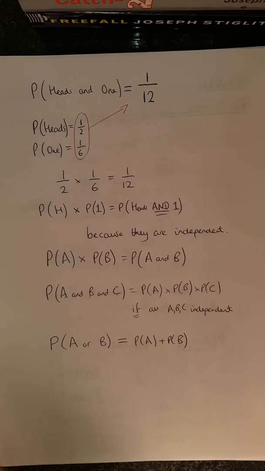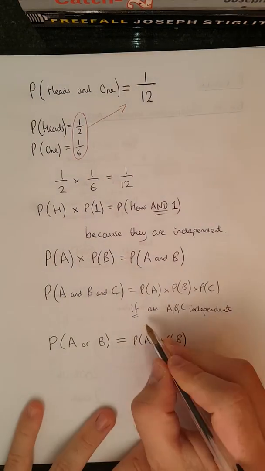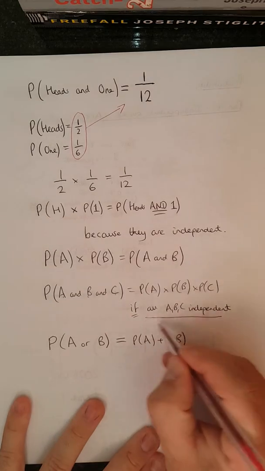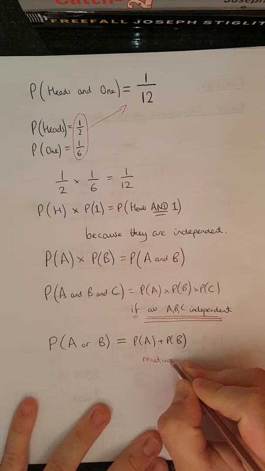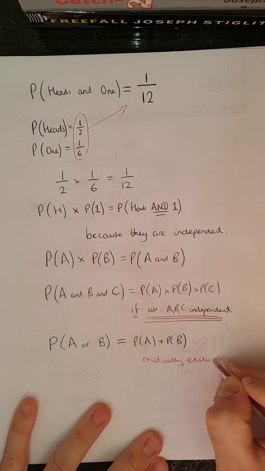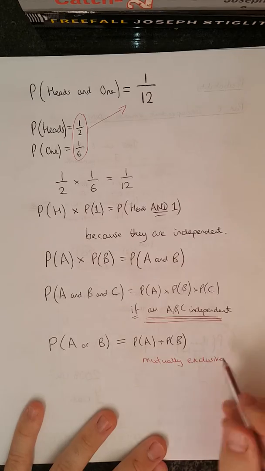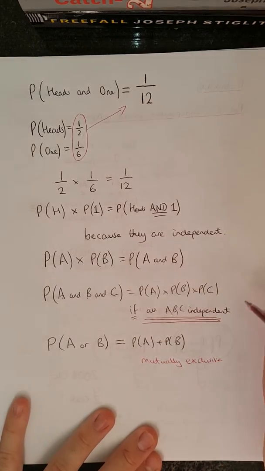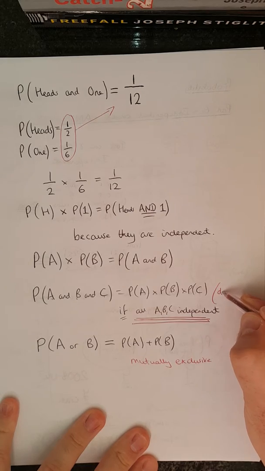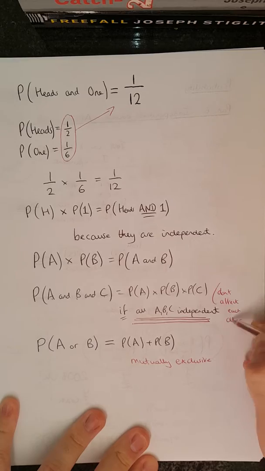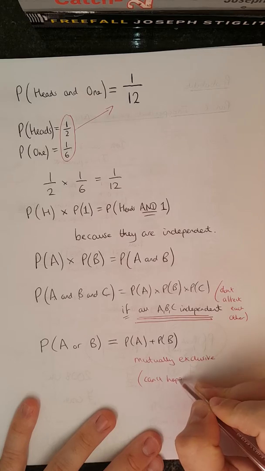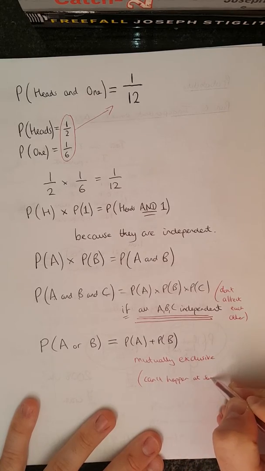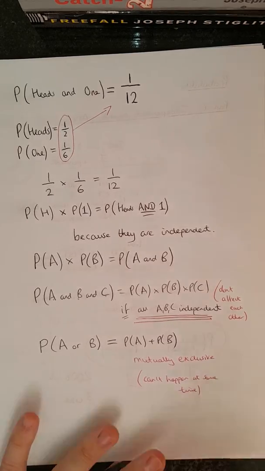So now we have a pair of rules: one that works when they are independent, and the other that worked when the events were mutually exclusive. Independent was don't affect each other, and mutually exclusive is can't happen at the same time.